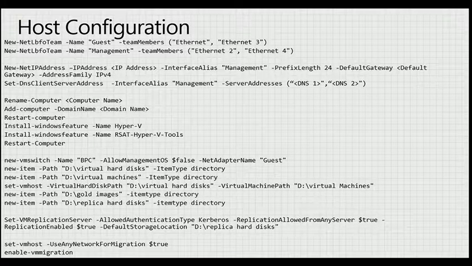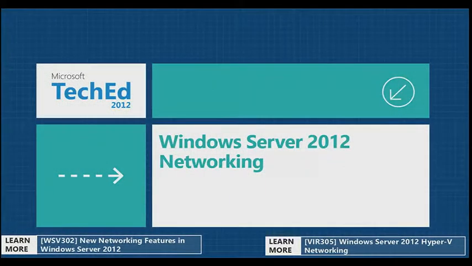I didn't actually have to touch any of the UI at all. I just ran a whole bunch of PowerShell commands. It's fantastic. If you don't know PowerShell, learn it. I know we say that every year, and you guys just don't listen. We're going to force you, I'm sure.